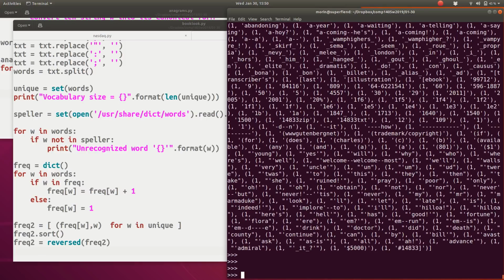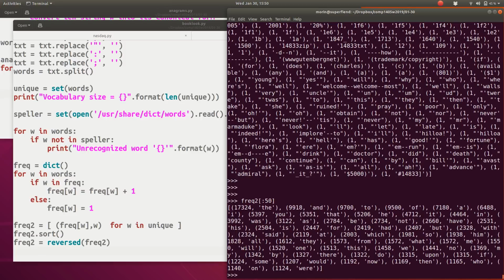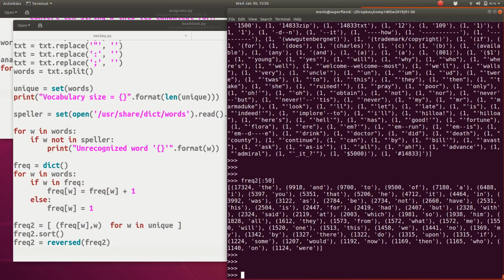Oh, no, that's the other way around. I got that backwards. 0 through 50. The, and, to, of, you, that, he, it, in, was, as, be, not, have, and so on. Okay, so nothing terribly exciting in the most frequent words.